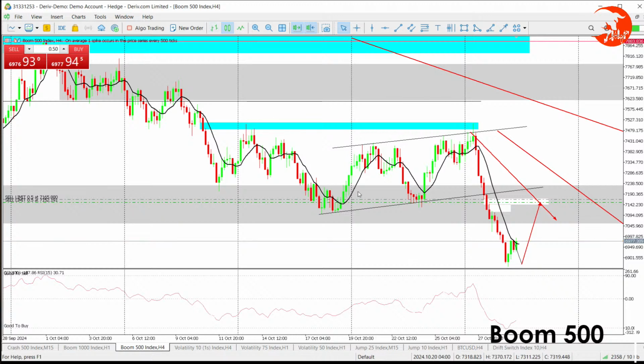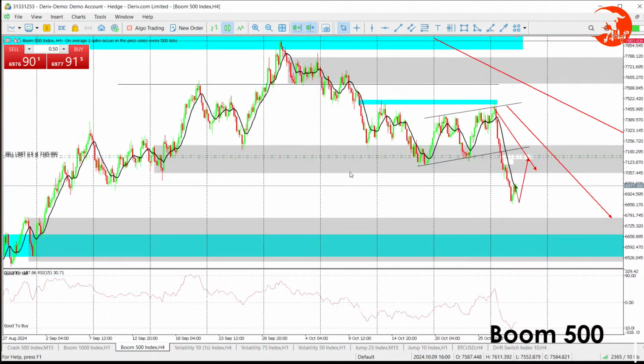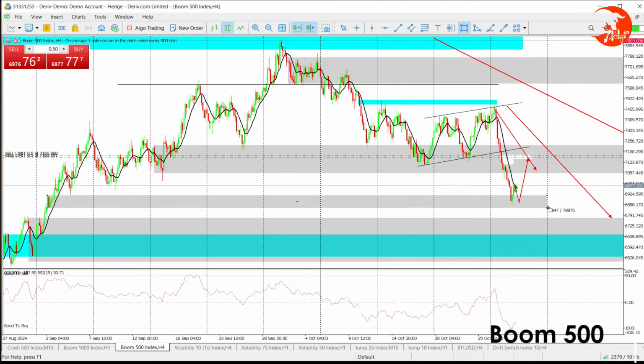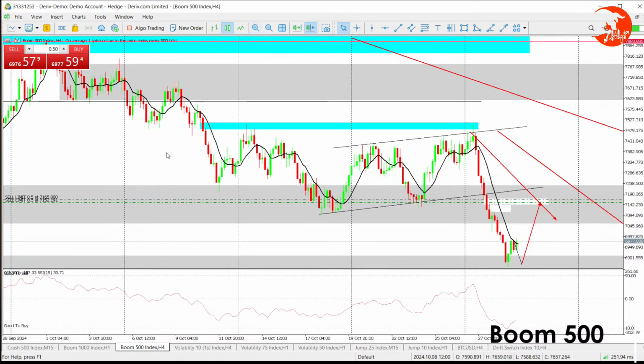But I want to confirm with price action, so I will just zoom around, see why have we reacted from that level. Let me check that. So there's an order block there. That's the reason why we have reacted there. It's an H4 order block.